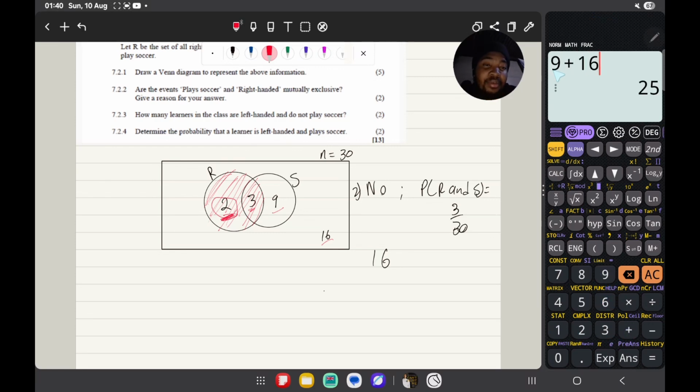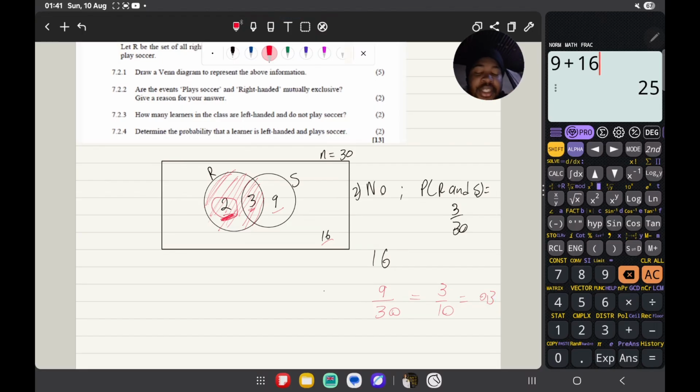The 9 is the number of people who are left-handed and play soccer. The 16 is the number of learners who are left-handed and do not play soccer. So the probability that a learner is left-handed and plays soccer is 9 over 30, which is 3 over 10, 0.3.